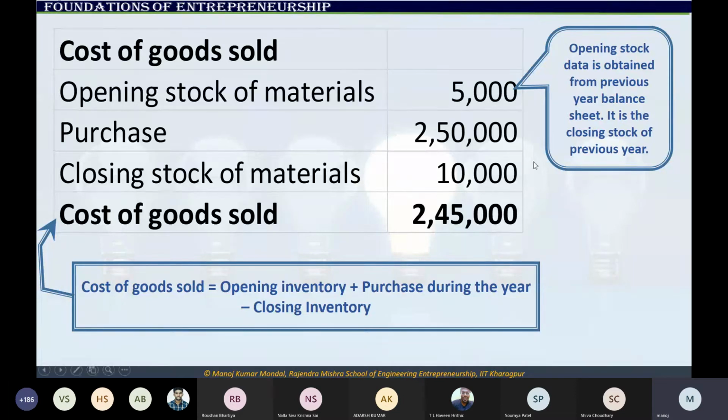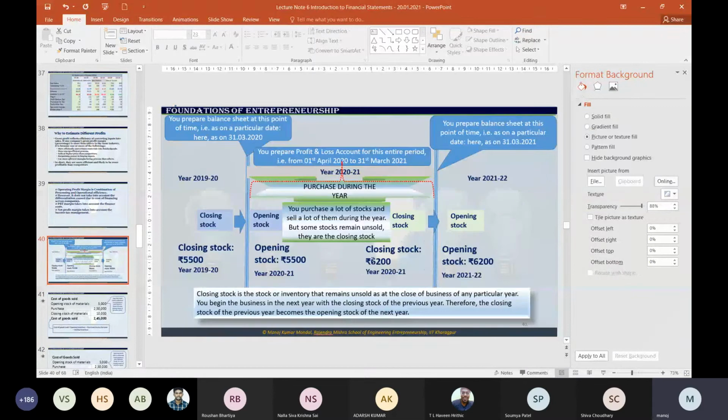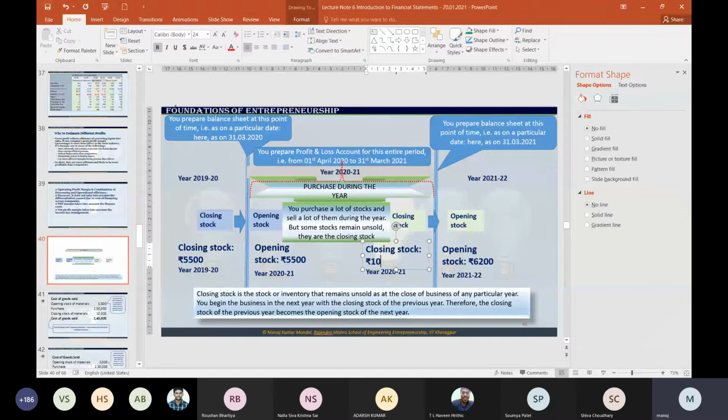You made a purchase of 2,50,000, then at the time of closing you found closing stock is 10,000. So now you can estimate the cost of goods sold. Let me do it now itself, otherwise I may forget. Last year also I made this mistake and then I never made the change.